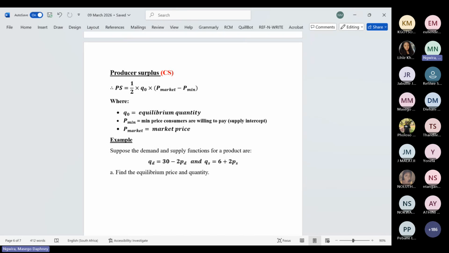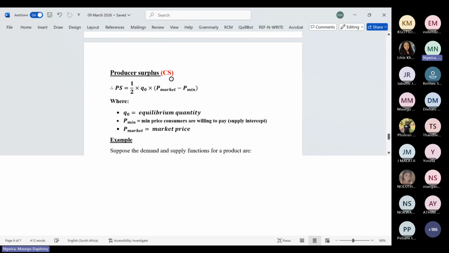So again, I tried to run away from the one in your study guide. I found a formula also for producer surplus. This is PS, not CS.